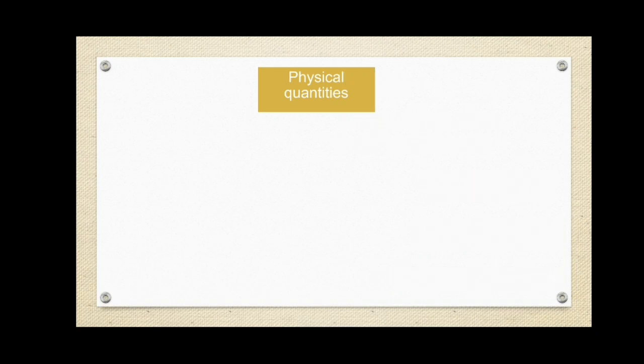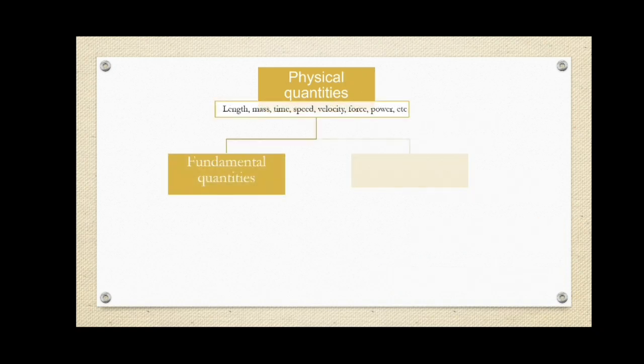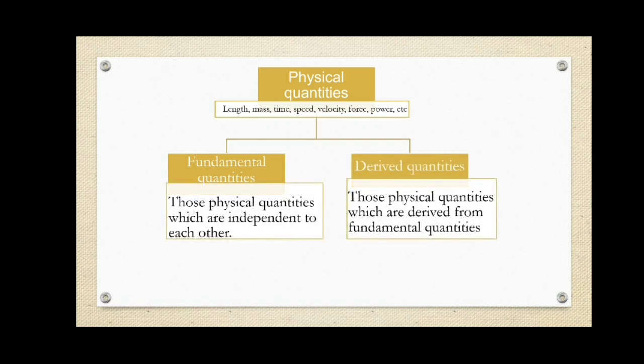Physical quantities are of two types: fundamental quantities and derived quantities. Fundamental quantities are those quantities which are independent of each other. Derived quantities are those physical quantities which are derived from the fundamental quantities.